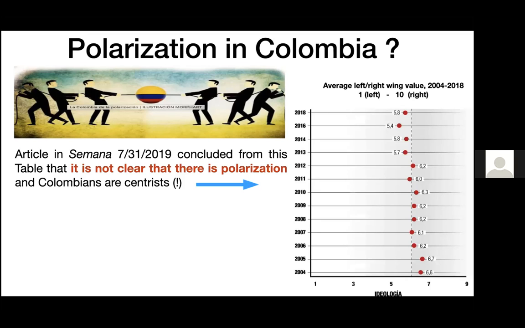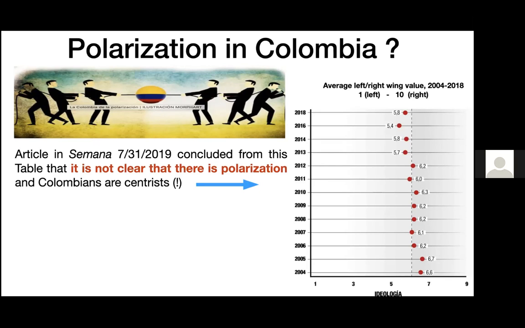Look at this. Basically, you are supposed to grade yourself from 1 to 10 on your political ideology, one being left and 10 being right. So apparently in 2004 it was 6.6, and now in 2016 we are at 5.8, and that's the average.